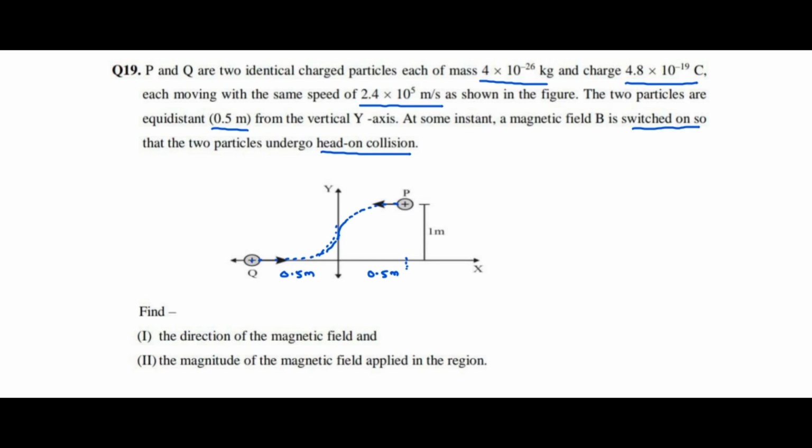In this case, the magnetic force is acting like this for this one, and for this one the magnetic force is acting like this. It is acting like centripetal force. So this is possible only if the magnetic field is into the plane.